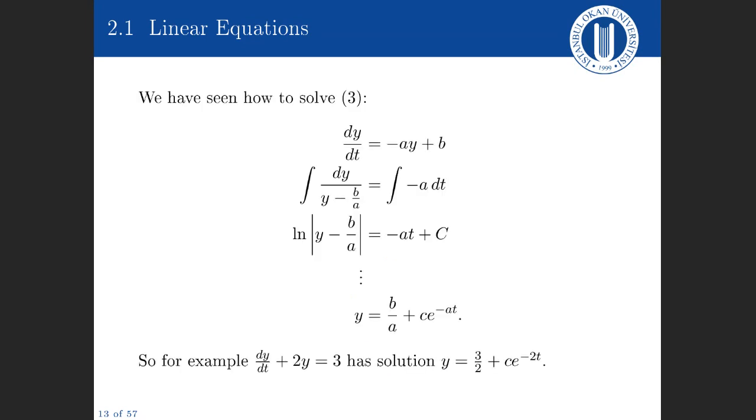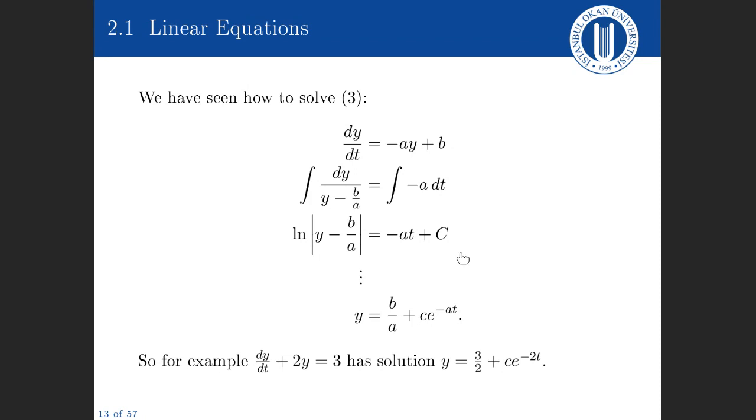Let me repeat or revise how we solved the equation from last week. We're going through it very, very quickly. We started with dy dt equal to minus ay plus b, and we rearranged this so that all of the y terms are on the left and all of the t terms are on the right. If we can separate the variables like this, then we're allowed to integrate both sides.